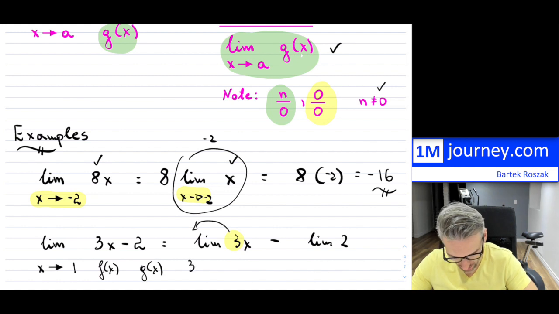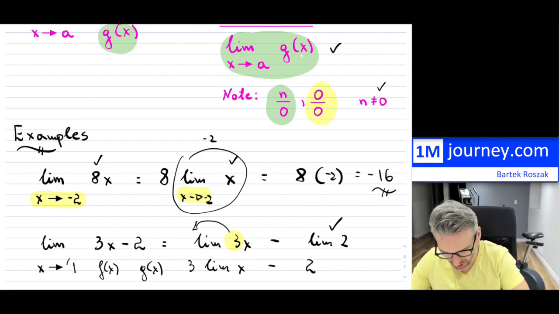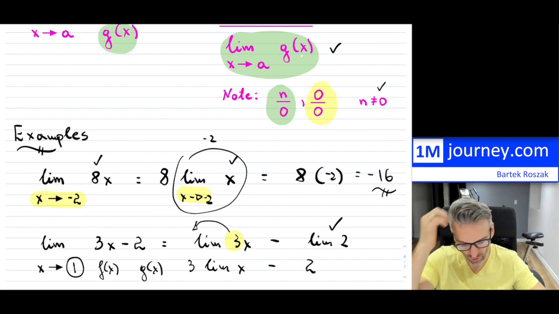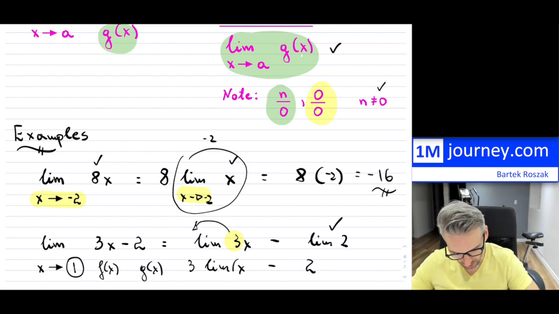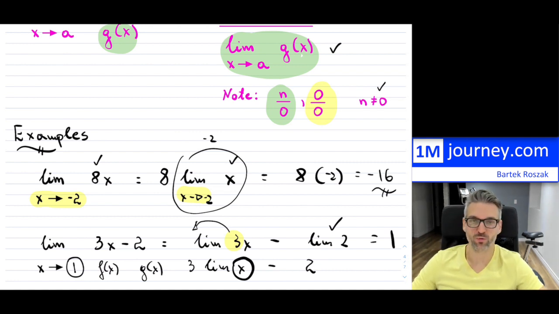So this is going to be 3 times the limit of x, minus the limit of a constant, which is just 2. Now I substitute 1 in right here, so that is just 1. So 3 times 1 is 3, minus the 2. We know that the result would have been 1.